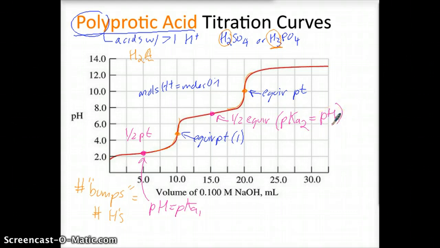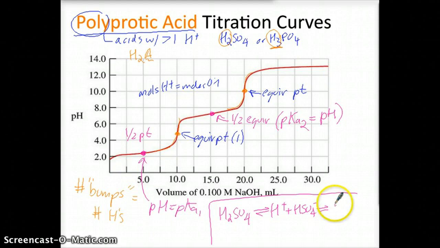Why is that true? Well, let's take an example of a polyprotic acid. H2SO4 can dissociate into H plus and HSO4 minus. This can then also dissociate to make H plus and SO4 2 minus.